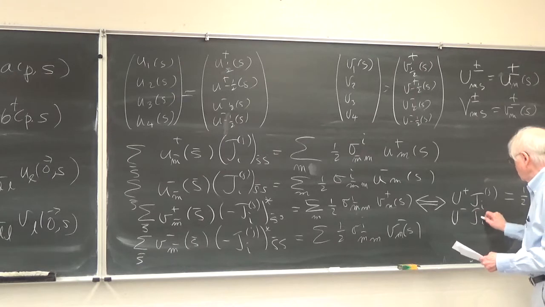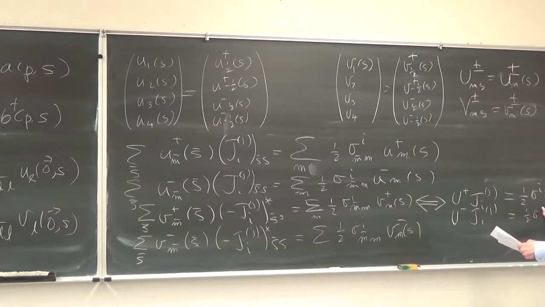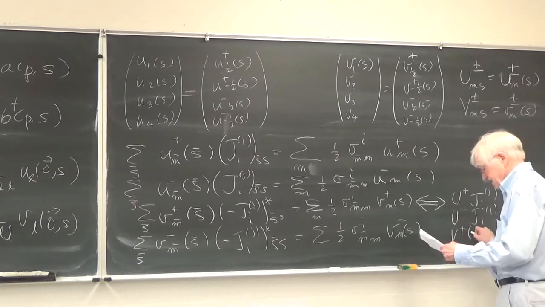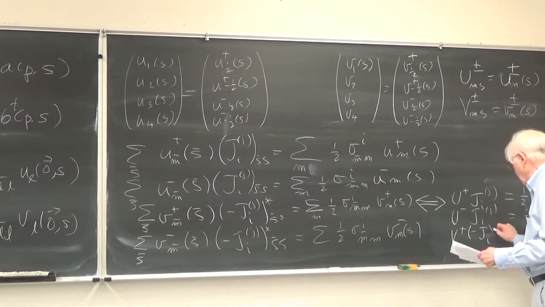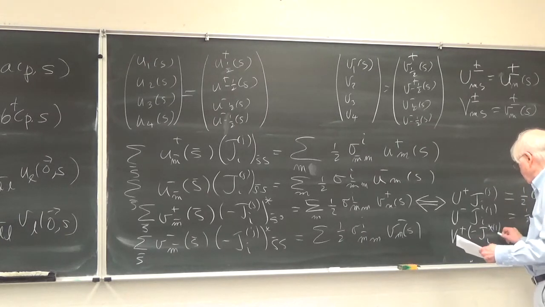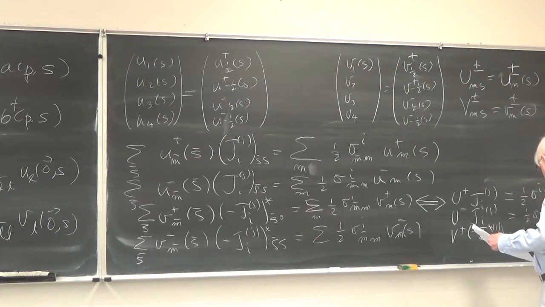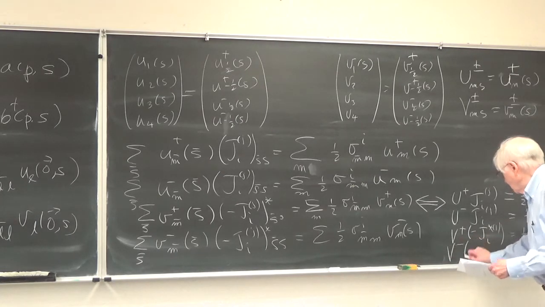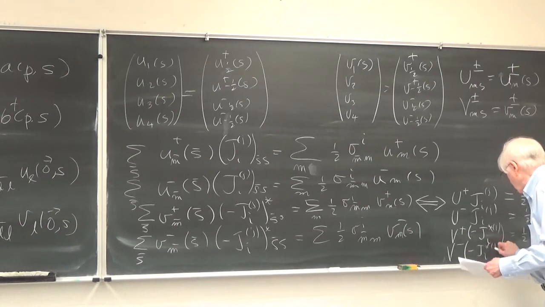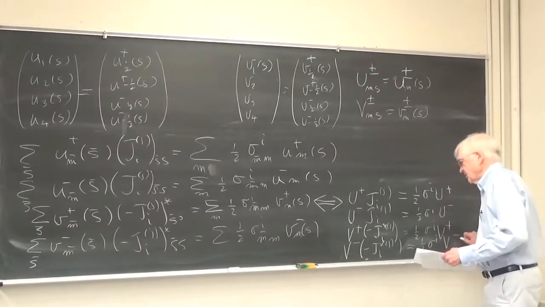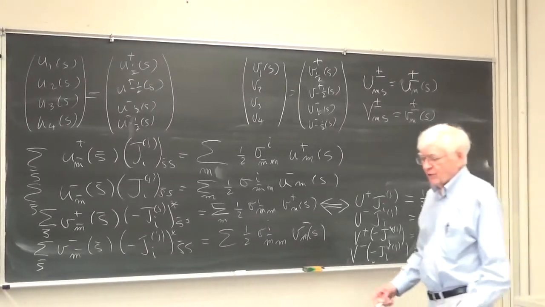U minus J_i of J equals half sigma_i U minus, and then this one though is more complicated. V plus minus J_i complex conjugate of J is a half sigma_i V plus, and then V minus minus J_i star of J is a half sigma_i V minus. So we've got our now four matrix equations.